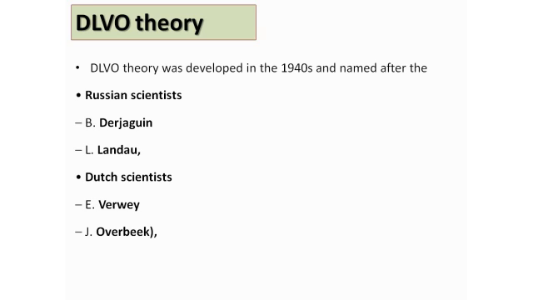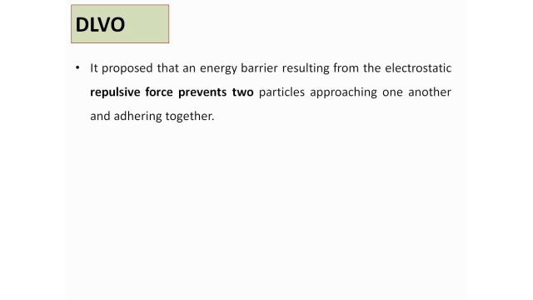As per the DLVO theory, an energy barrier resulting from the electrostatic repulsive forces prevents two particles from approaching one another and adhering to one another. If two suspended particles come close to one another, they may get coagulated. But as per the theory, there is an energy barrier, meaning the repulsive forces, which prevents their coagulation or aggregation.